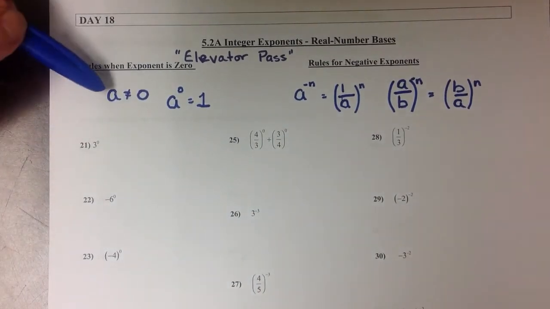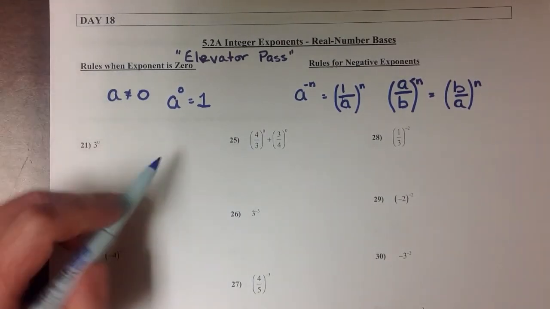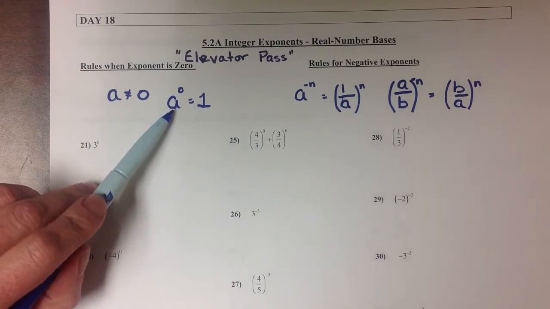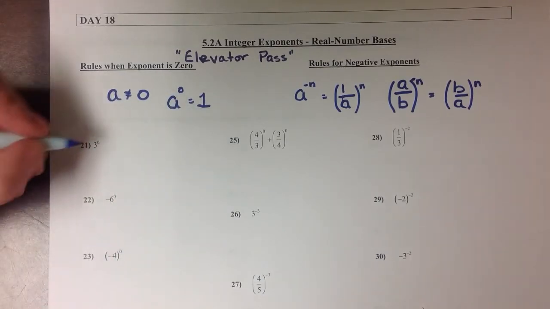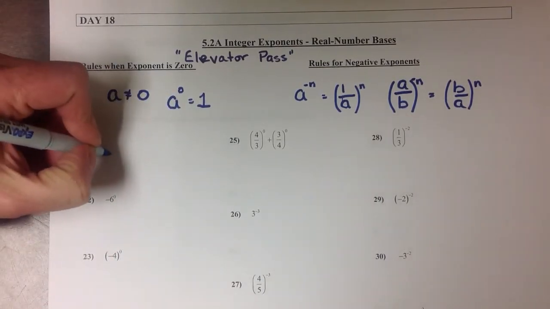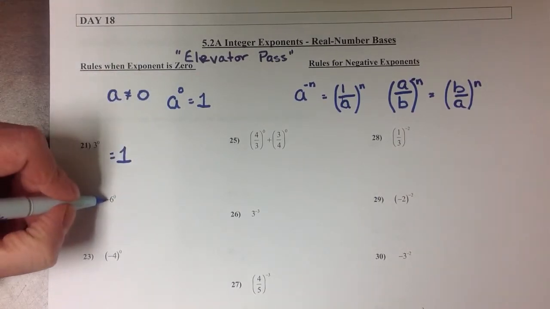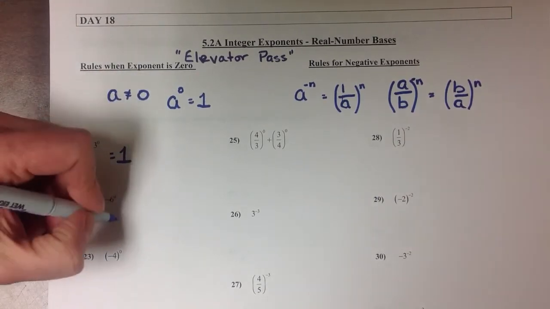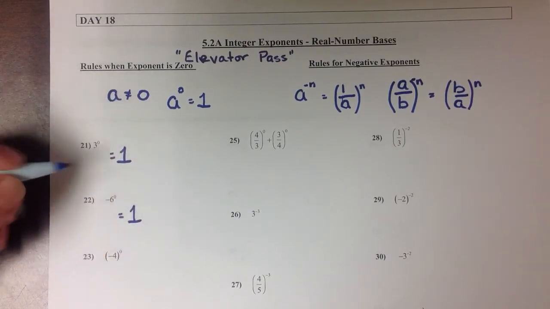So first let's talk about the examples where the exponent is a 0. Our rule says that any number, as long as the base is not 0, when raised to the 0 power, is equal to 1. So 3 to the 0 power is going to be equal to 1. Negative 6 is not 0, so when raised to the 0 power, oops, I'm lying.